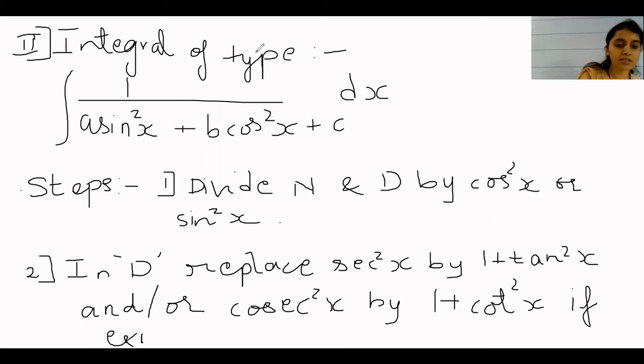Means if there is any term in the denominator after you divide by sine square or cos square and you get sec square x, you replace it by 1 plus tan square x, or if you get cosec square x, then you replace it by 1 plus cot square x.